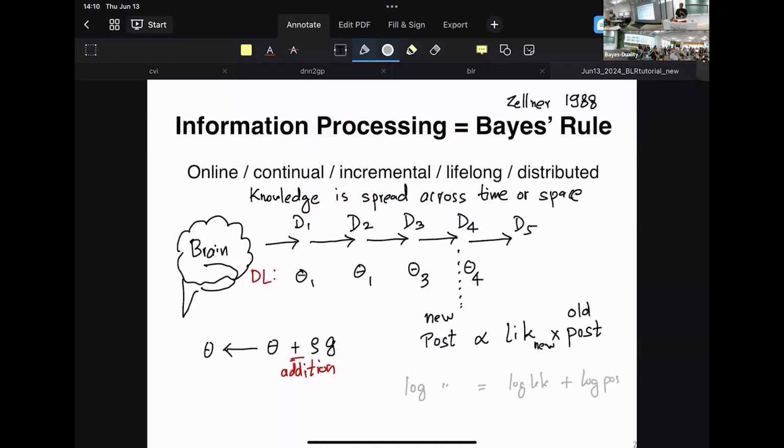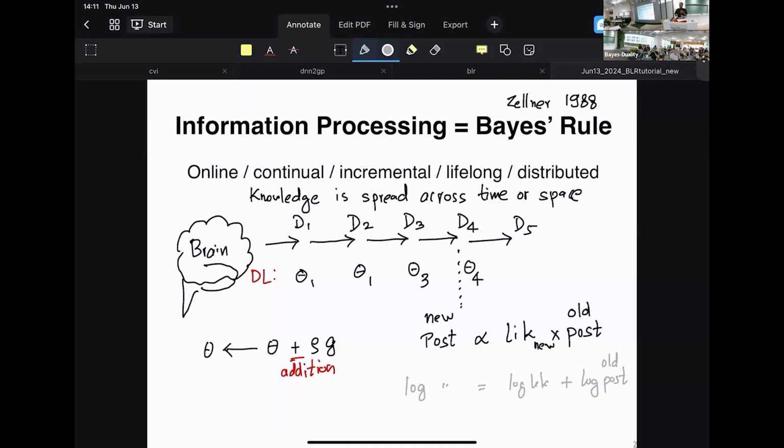This is the old one, this is the new one. So you can see that in log space of the posterior, there's addition going on, and there's also addition going on in the gradient update, and there should be some similarity between these. So the Bayesian learning rule is putting these things together in the framework that information is added somehow.